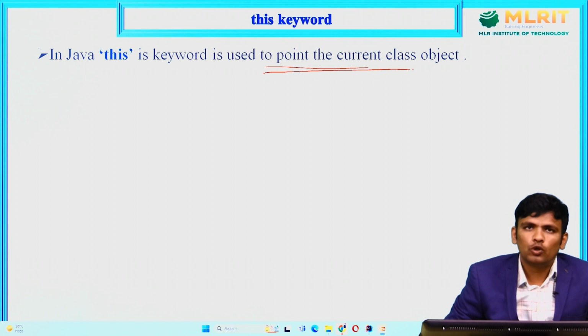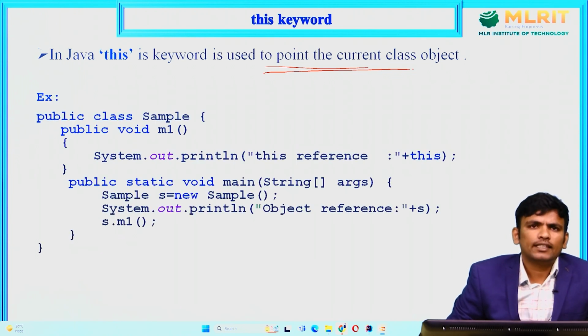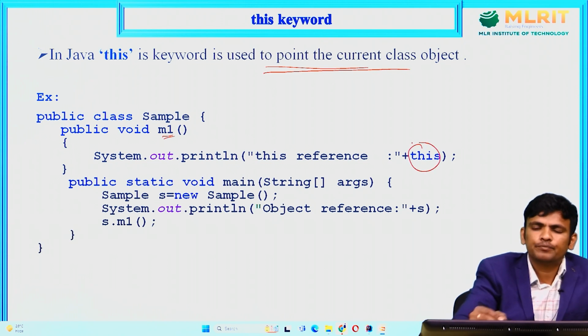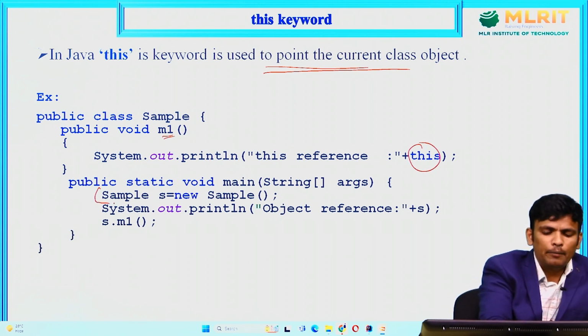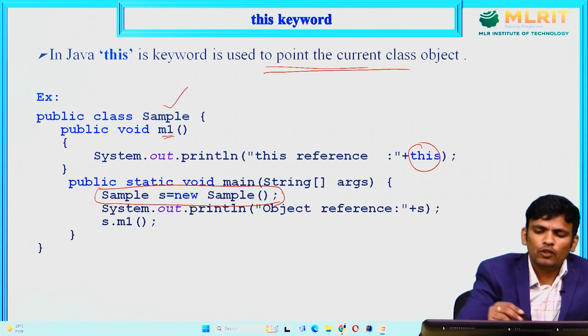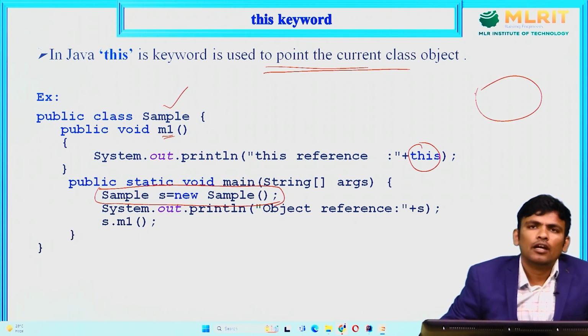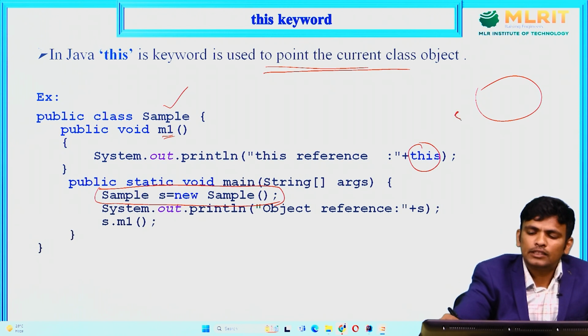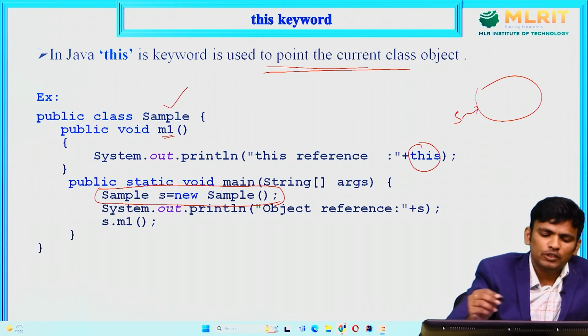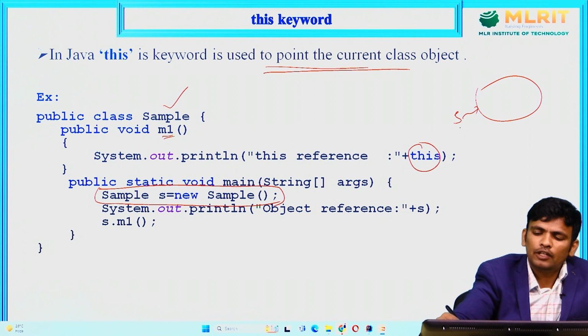Now I want to prove this point. Suppose you take an example: here in the M1 method I am printing this, and here I am creating an object of the current class. The class name is Sample. Whenever you create an object, it will create the object and S is pointing to this object. If you want to access this object, you can use either S or this.